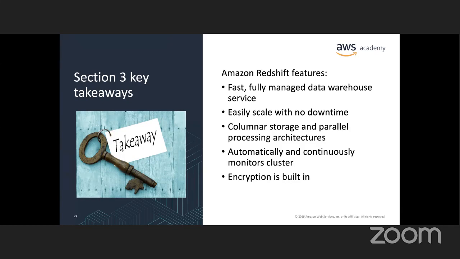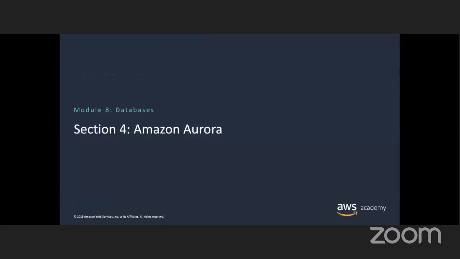It's easily scalable with no downtime. It's a columnar storage and parallel processing architecture. It automatically and continuously monitors clusters, and encryption is by default. Okay, so you don't have to do anything with encryption. It's already encrypted. Okay. Now let's talk about Aurora.